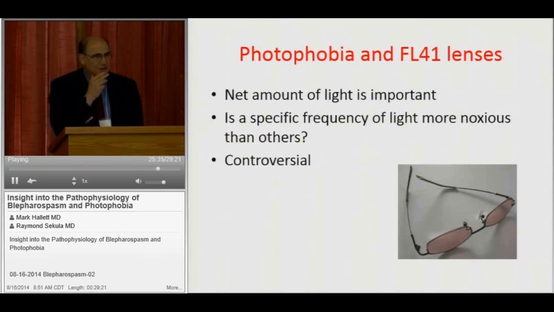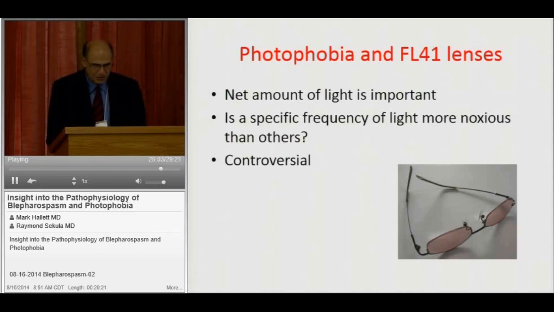Now, there's been a great deal of interest in the so-called FL41 lens, because this particular lens tends to block blue light, and I will show you a little more detail about that in a moment. The question is, is a specific frequency of light more noxious than others?